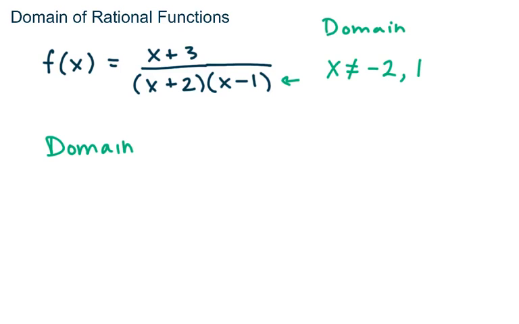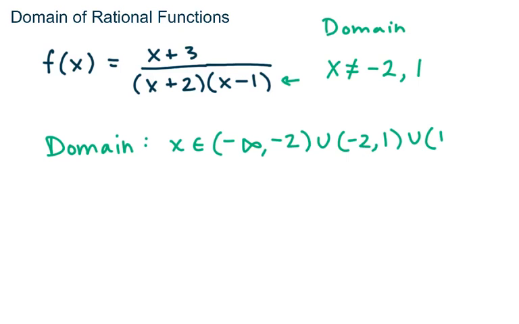So my domain in interval notation is that x is in the set from -∞ to -2, union -2 to 1, union 1 to +∞. Because we don't have any factors that cancel, this rational function does not have a hole.